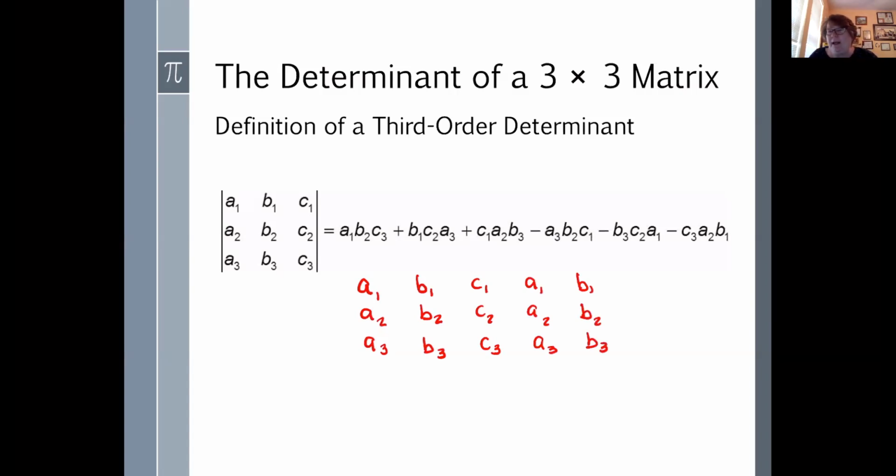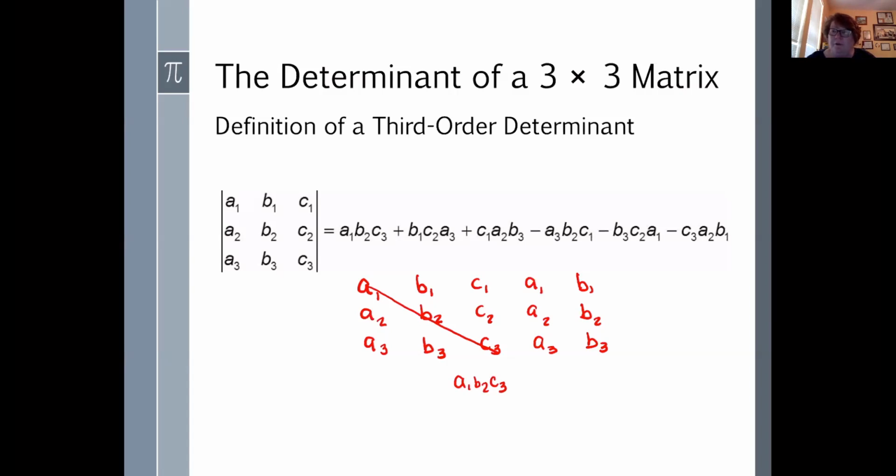Now I can find the determinant of this 3 by 3 matrix by taking products. So I start in the upper left-hand corner, first row, first column, and I draw a diagonal. A1, B2, C3. So I take that product. And I continue drawing diagonals.